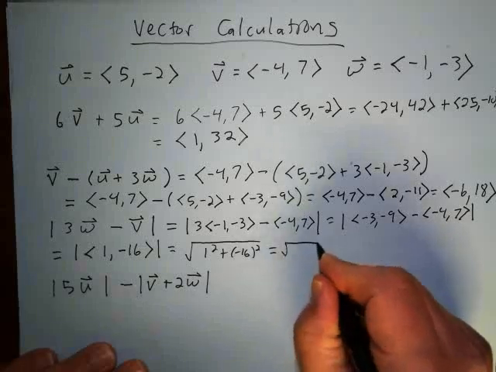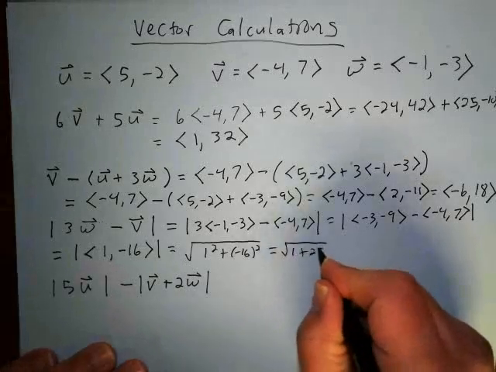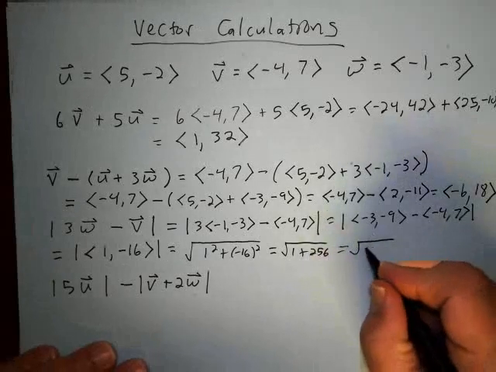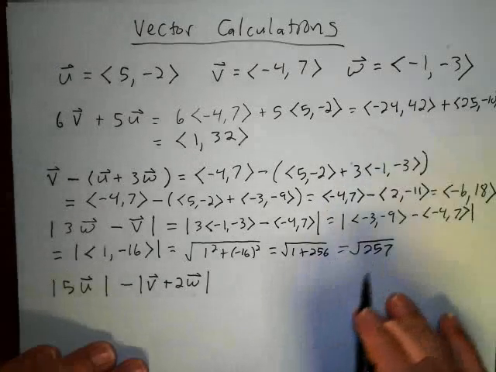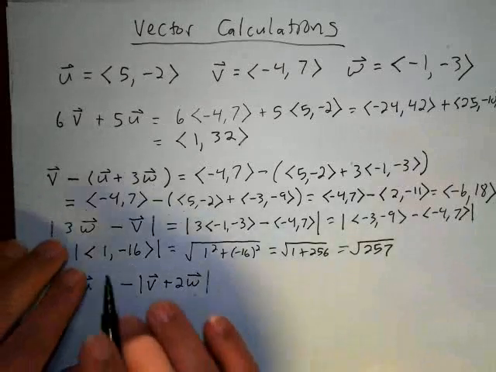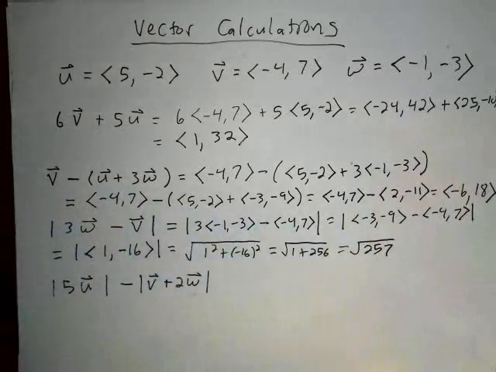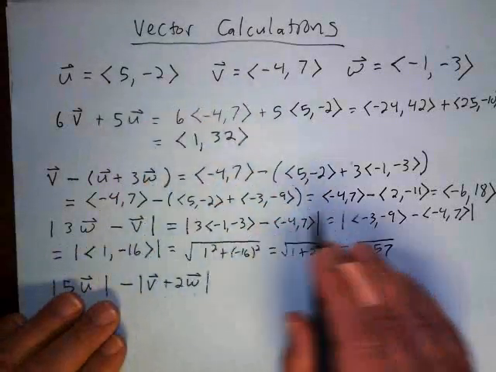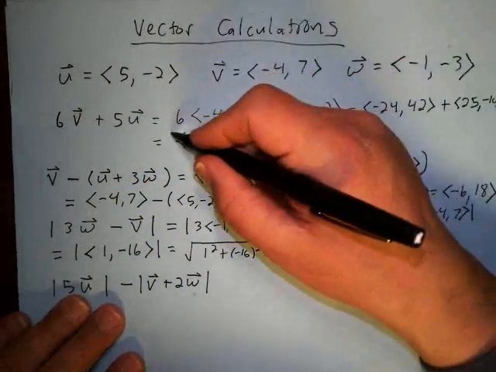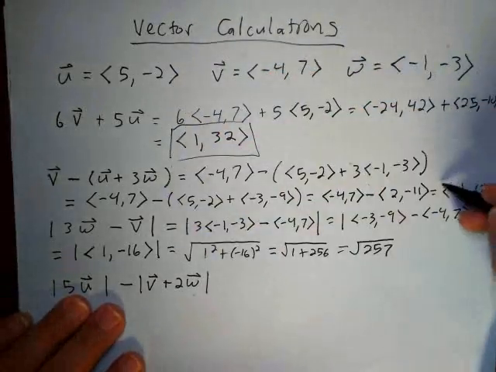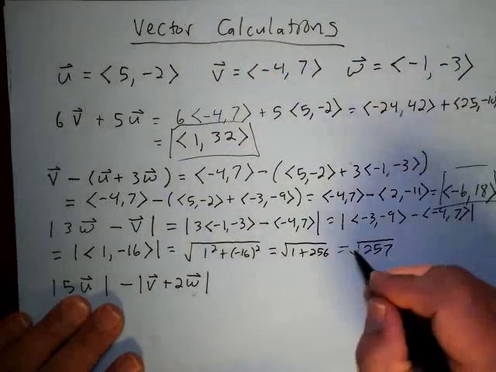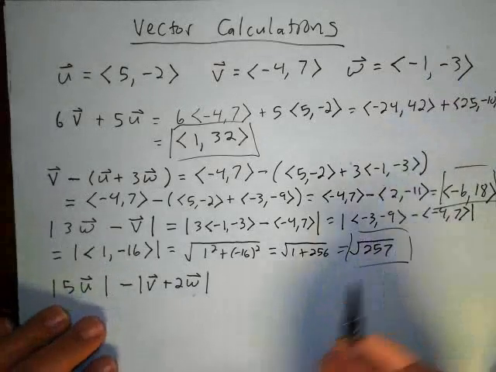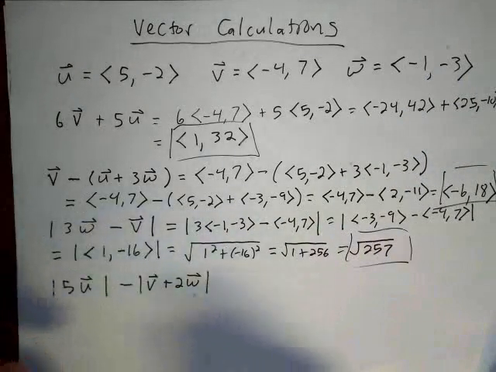So this is 1 plus 256, which is the square root of 257. And that would be the answer. Notice that the answer to this is a scalar, not a vector. In the first two, the answers were vectors. This is not a vector, it's a scalar, because I took the magnitude.